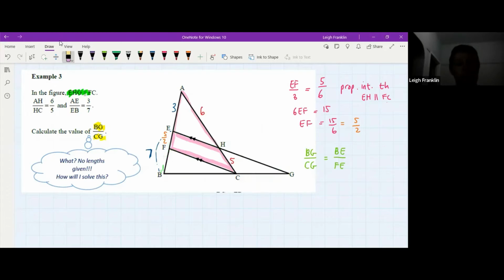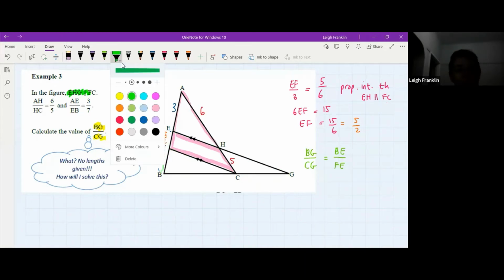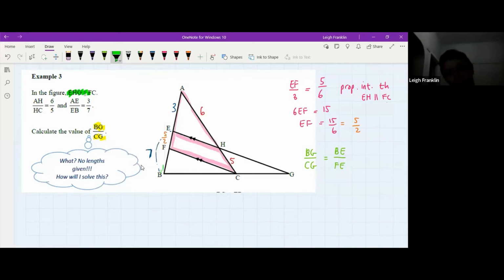In this green triangle, here are your parallel lines, there and there. Because EG is parallel to FB, the triangle is EBG.